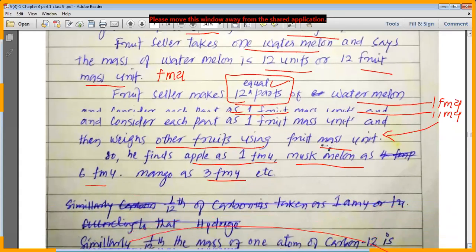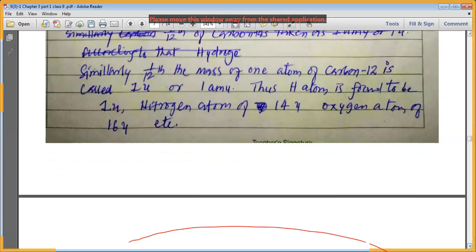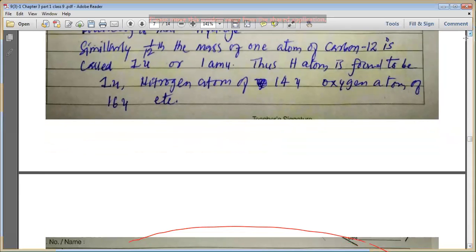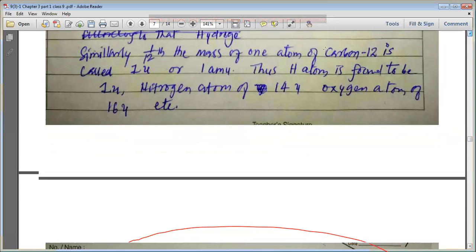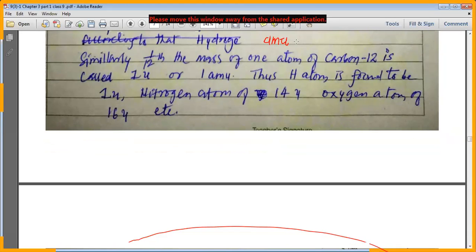Same way, my dear students, to measure the mass of the various atoms, the various scientists or IUPAC have decided the atomic mass unit, which is known as AMU, which is also known as U, a unified mass.